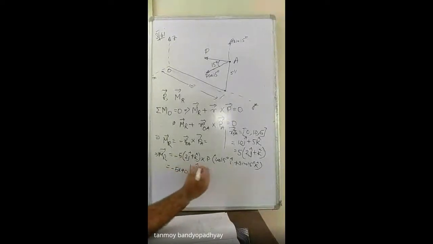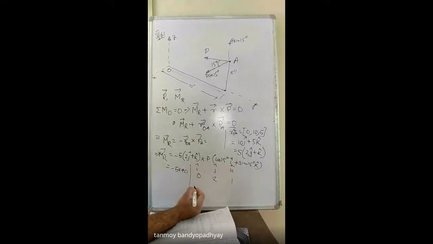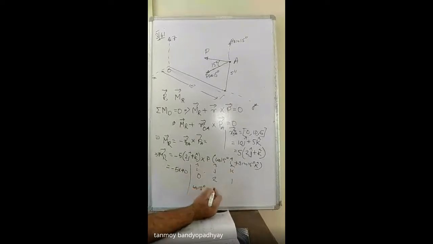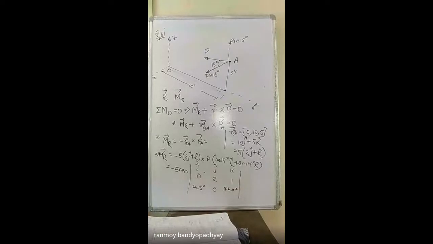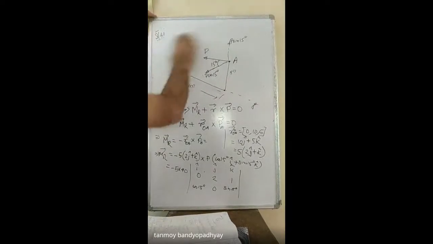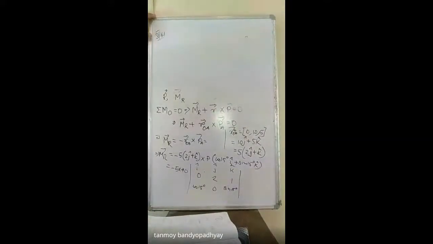If we calculate the cross product, the rows are i j k, then 0 2 1, and cos 15 degrees, 0, sin 15 degrees. Just see what value you are getting for the resultant vector. I'm rubbing this off. Just check what value you are getting.